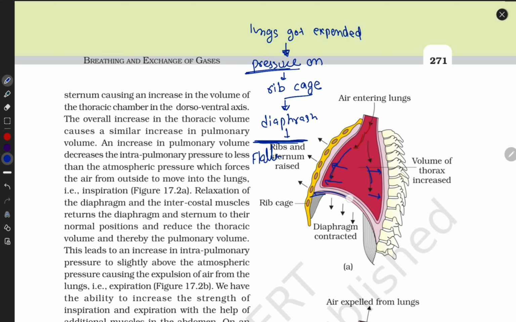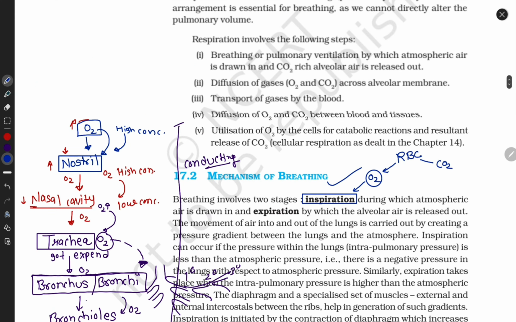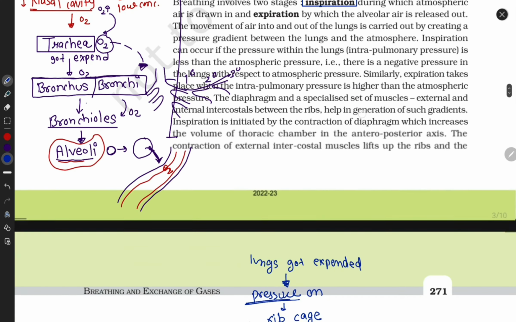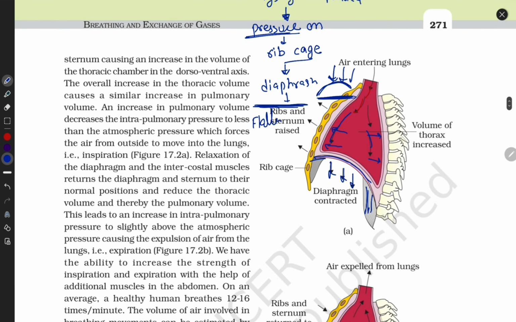Look here. This is the diaphragm, the diaphragm's muscle. It was in a curved form, and after air reaches it gets pressure and flattens. So this is the whole mechanism of inspiration, inhalation. The diaphragm contracts because the muscles push, and the diaphragm goes flat.